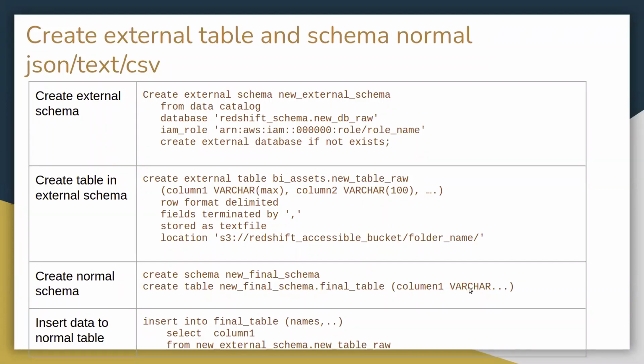We can use multiple ways to create this table. You can either use create table as, which copies the same schema as the previous table in the external schema, and insert data directly from it. I'm sure most of us have gone through this. You can insert into the final table using select the column names from the external schema, and it will basically insert that table for you seamlessly.